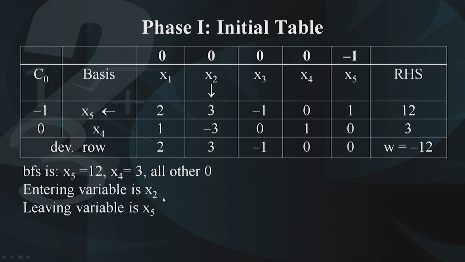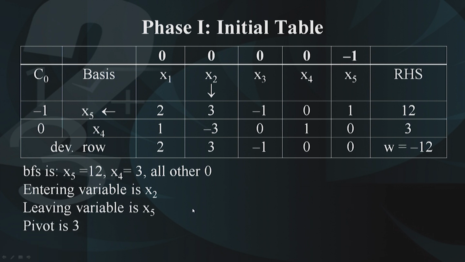Then we perform the minimum ratio test by dividing the entries of the right hand side by the pivot column. You will observe that the pivot column has minus 3 as a negative entry, so this has to be excluded while applying the minimum ratio test. It indicates that we have only one choice, and that is x5 should leave the basis.